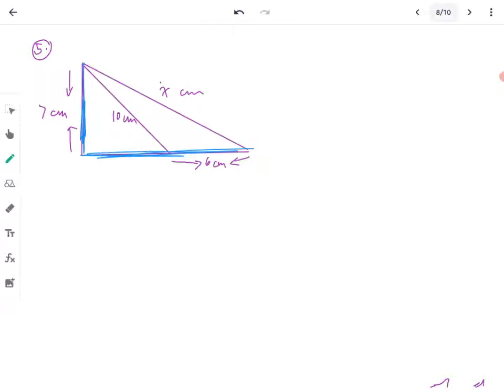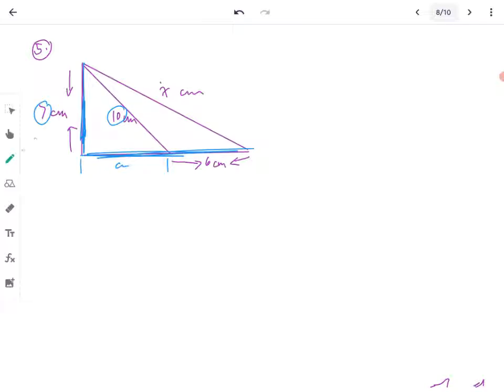So our problem is this side, and we can let that be, let us say, x, or let us say a. From there, we can use 7 cm and 10 cm to solve for a first. Then after we solve for a, we can use that to find x.